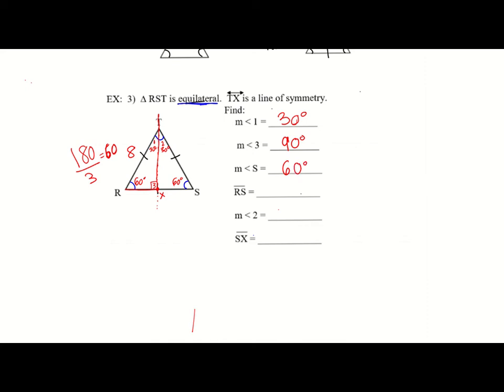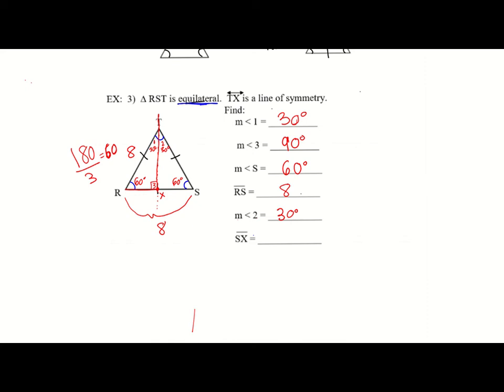Then it asks me for the length of RS. So if I know that RT is 8, that means that RS must also be 8 since all my sides are the same. And if I have the measure of angle 2, again, I wrote that one in there already. We divide that in half, and that gave us 30 degrees.